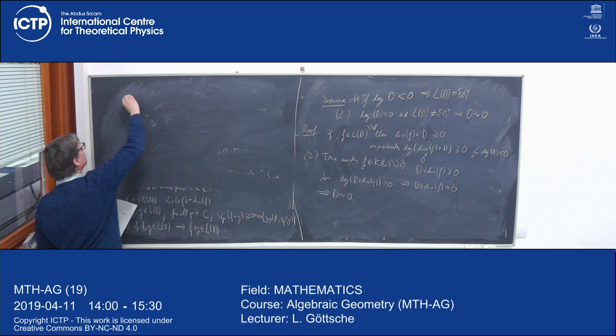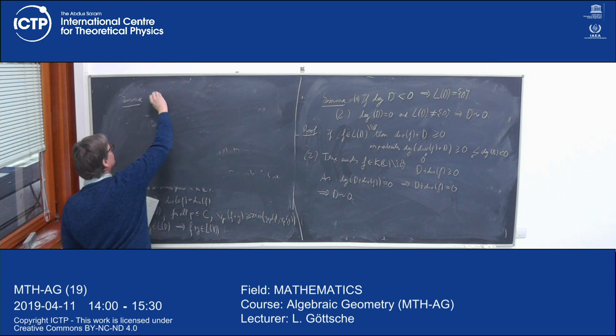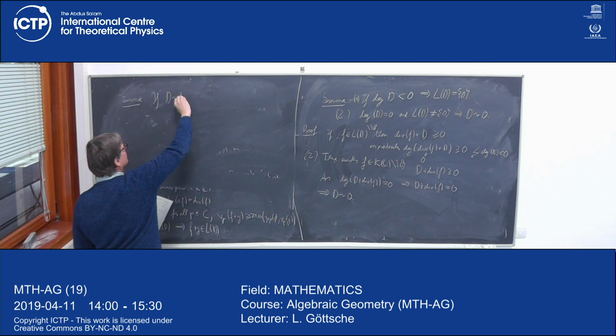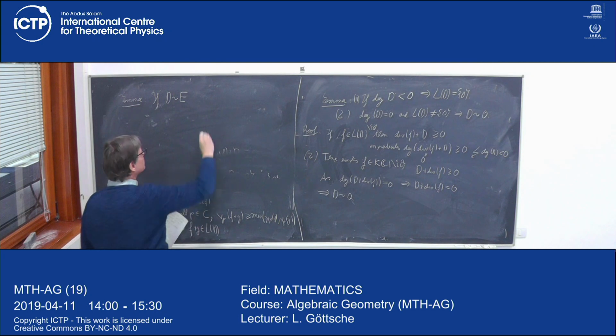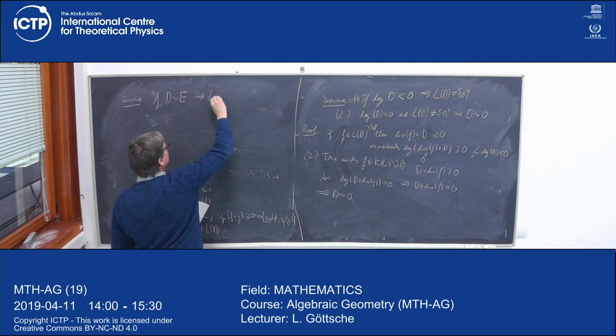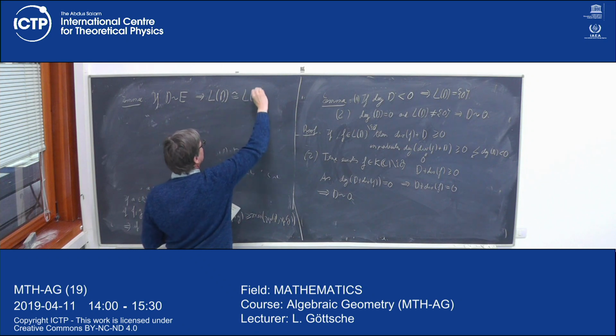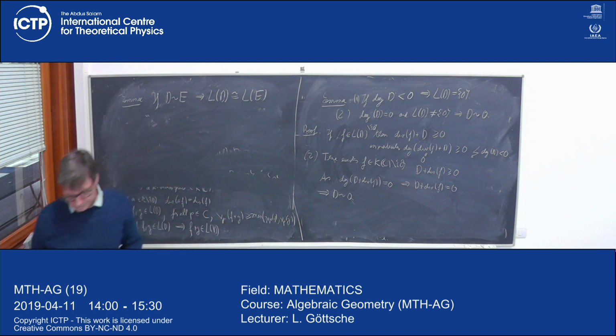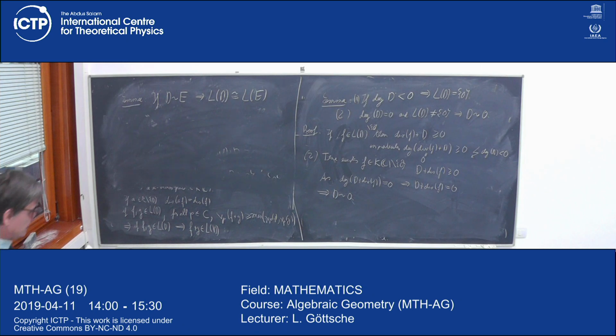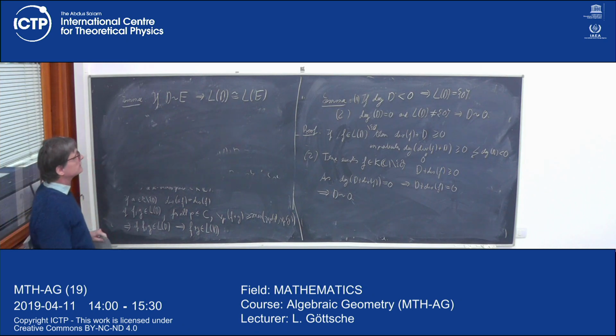So, lemma. If I have two divisors, D, which are linear equivalent to E, then it follows that L of D is isomorphic as a vector space to L of E. Okay? And let me just say what it means.